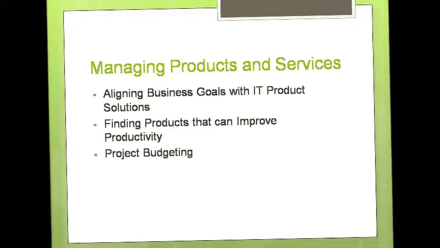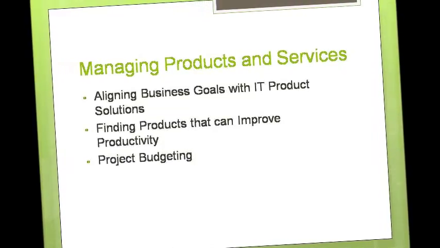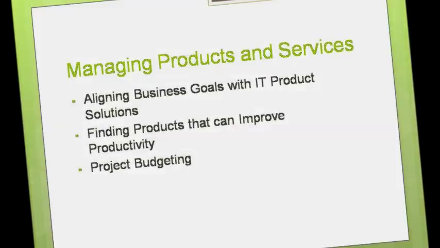There are a large variety of inventory management, sales support systems, even accounting tools that the CIO can evaluate and determine whether these technology products will move the company and services offerings forward. Project budgeting ensures that the department doesn't exceed the expected funds necessary for this specific project.